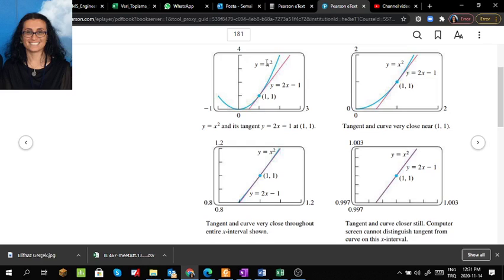Therefore, instead of using the original function, you approximate it by its tangent line. Because if you get closer and closer to the point (1, 1), they coincide, and the values of these two functions get very close to each other as well. That's the idea in this section.